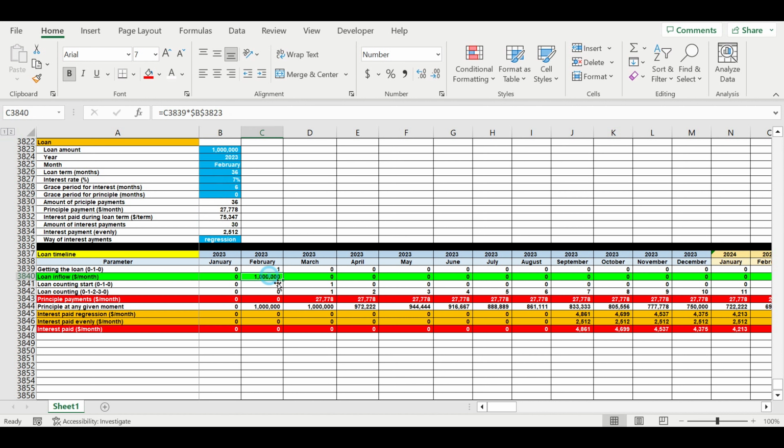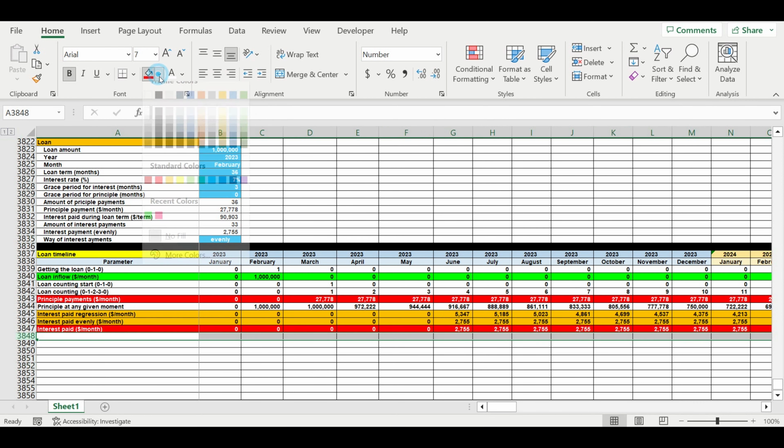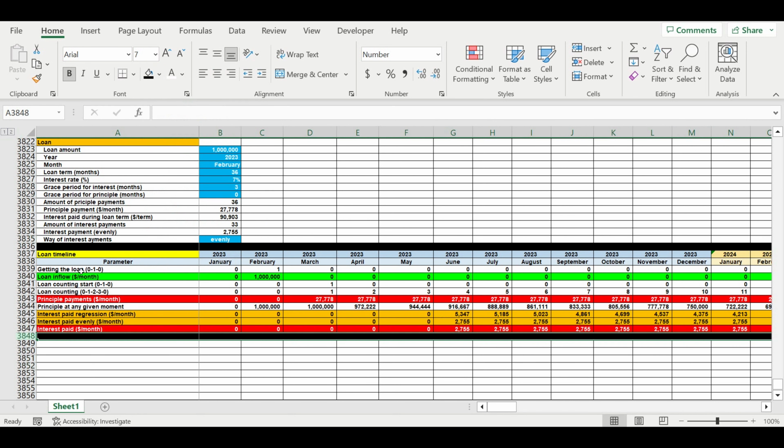So this is February, for example, grace period for principal. So regression, evenly. Now we have two ways of interest payments.